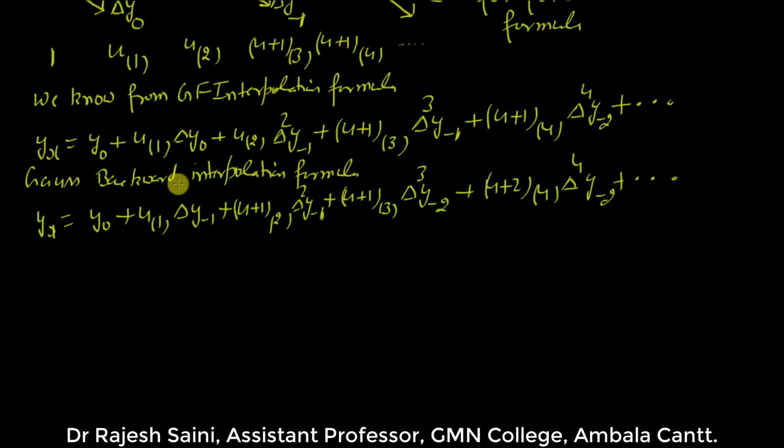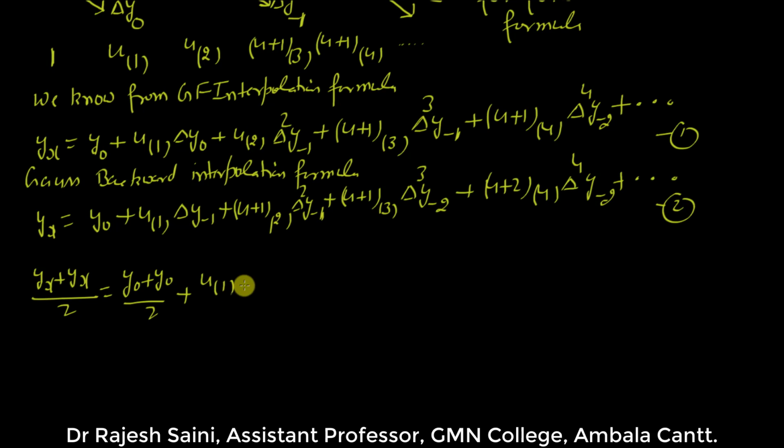Now taking the mean of 1 and 2, what will we get? Yx equals y0 plus y0 by 2. This is the mean. Here u1 will be common.